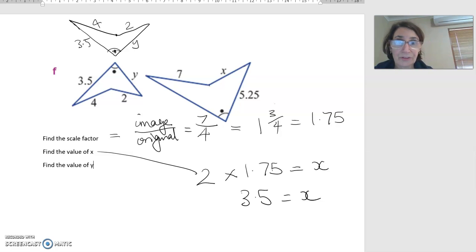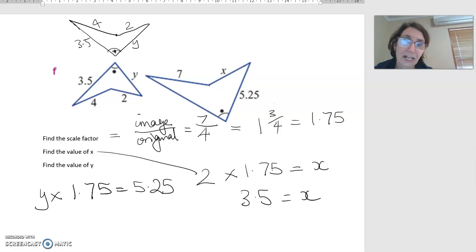So we've got the original times the scale factor is equal to 5.25. We've got this original shape, we've enlarged it by our scale factor, 1.75, and our result is 5.25. So this is what we've written down here.